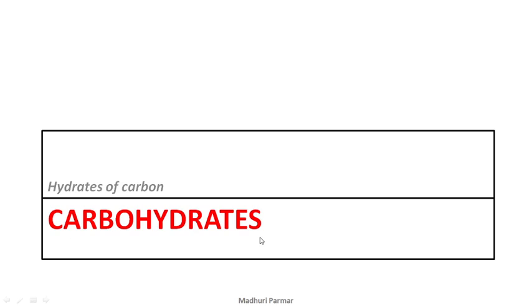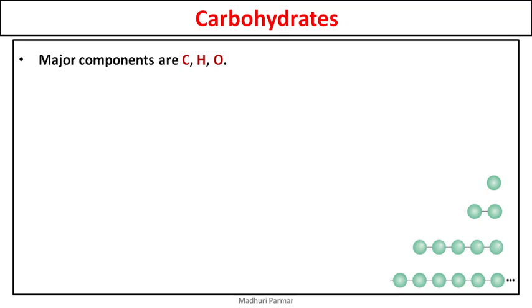In common terminology, for people who exercise or who are very diet conscious, you would have heard the term carbs, right? So these carbs are nothing but your carbohydrates, the short form of carbohydrate. Let us begin. The major components of carbohydrates are carbon, hydrogen, and oxygen.